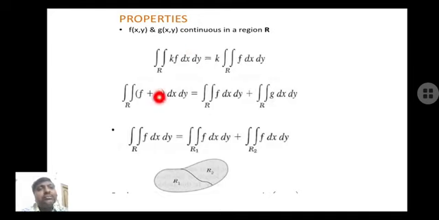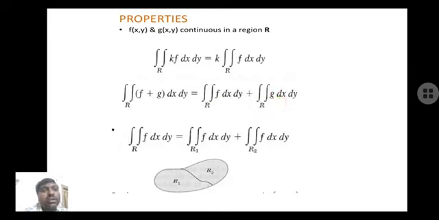The second one, I can take the addition of two functions f and g. The double integration over the region R of f plus g dx dy is equal to, it can be split along the plus operation, the double integration over R of f dx dy plus the double integration over R of g dx dy. That is the second property.